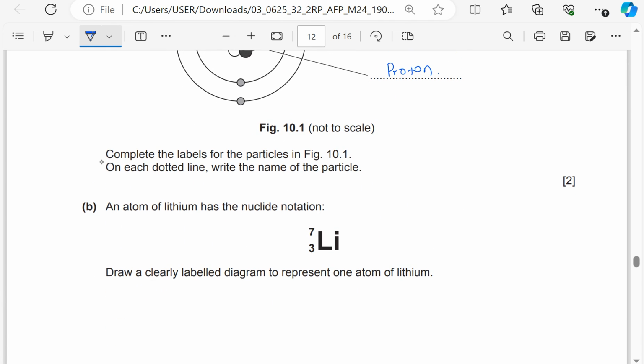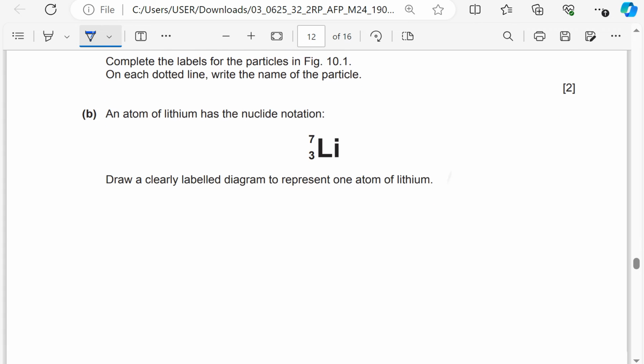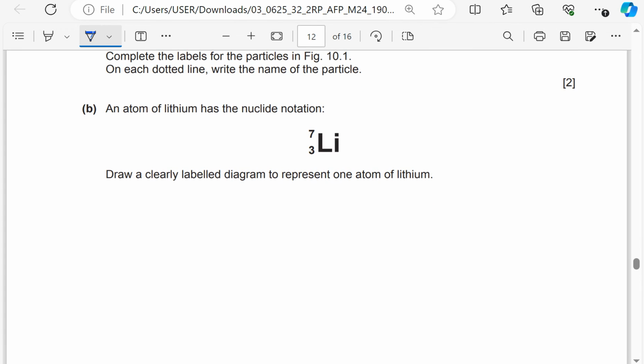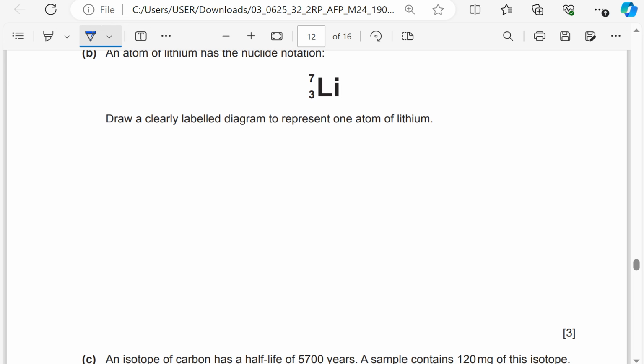An atom of lithium has the nuclide notation Li-7, 3. Draw a clearly labeled diagram to represent one atom of lithium. So one atom of lithium, so I'll start by drawing the nucleus. Let's have the nucleus. It has 3 protons.